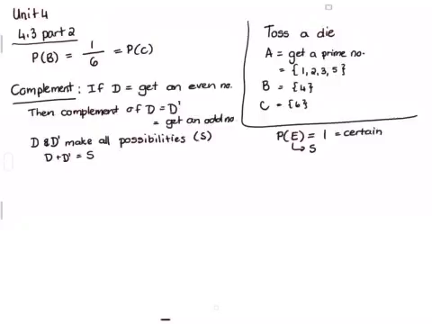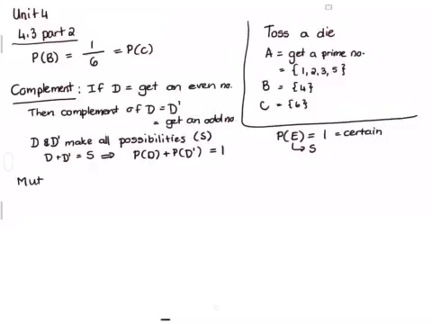In other words, the probability of getting a 1 or a 2 or a 3 or a 4 or a 5 or a 6 is 1 because you are going to get one of those. It is certain. So that means the probability of an event plus the probability of its complement will always equal 1, because they make up the full sample space. So there's one important word.